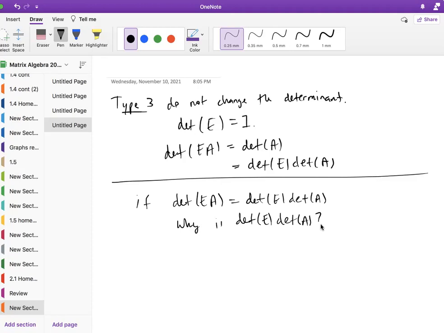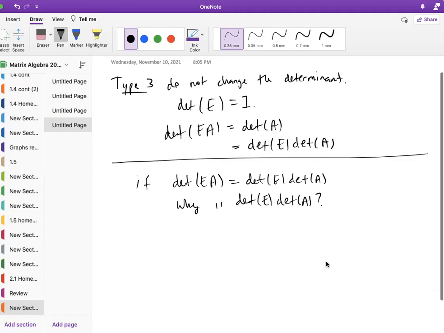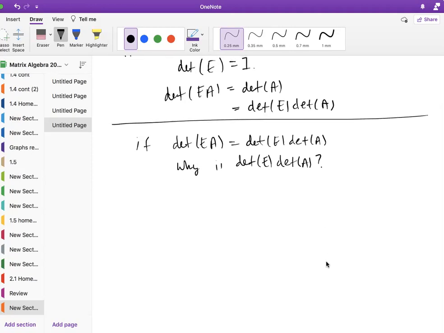What do we know about elementary matrices? Tell me some things you know about elementary matrices with respect to inverses. How do elementary matrices play a role in the inverse of a matrix?